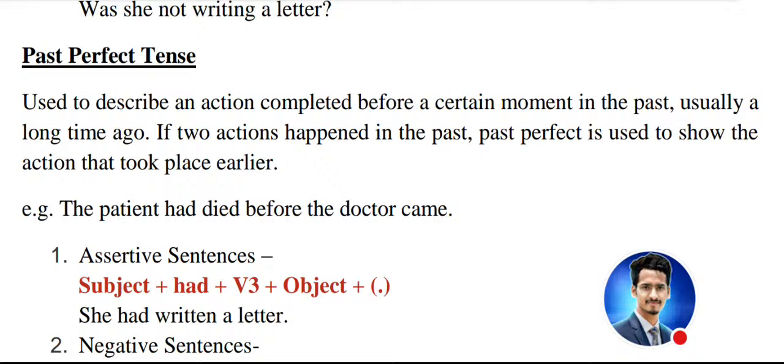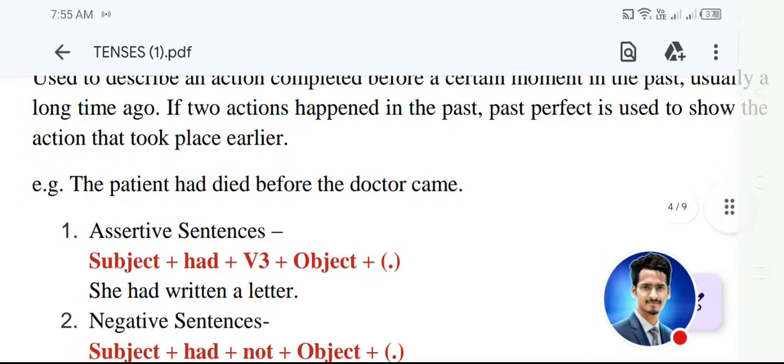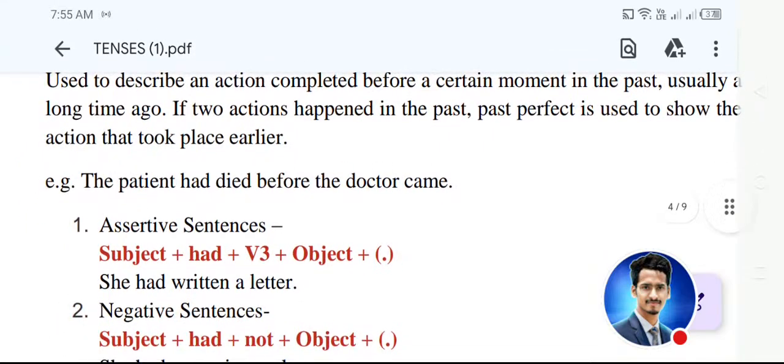So here is a condition: if two actions happened in the past, past perfect is used to show the action that took place earlier, that happened first. If there are two sentences, then past perfect happened first, and the next sentence will be past indefinite.